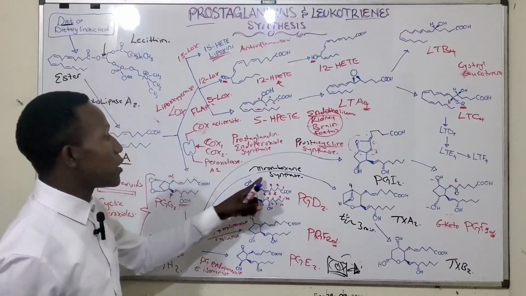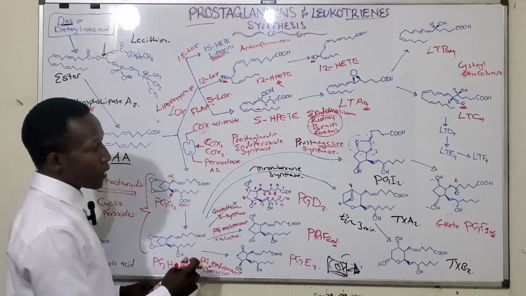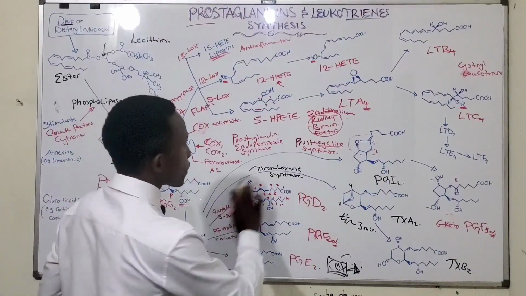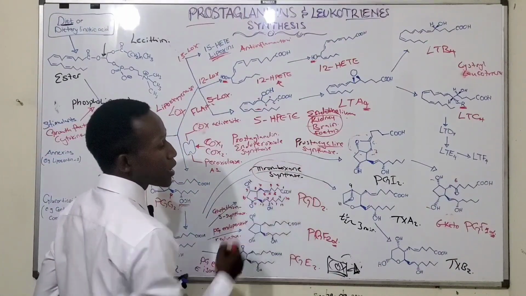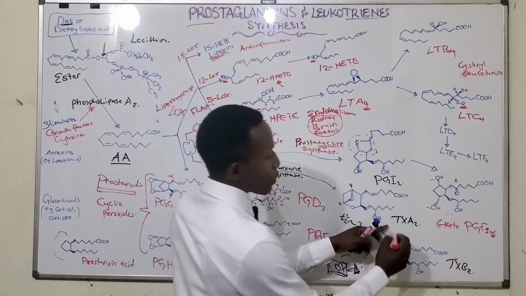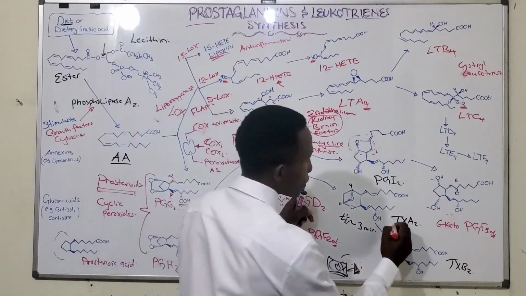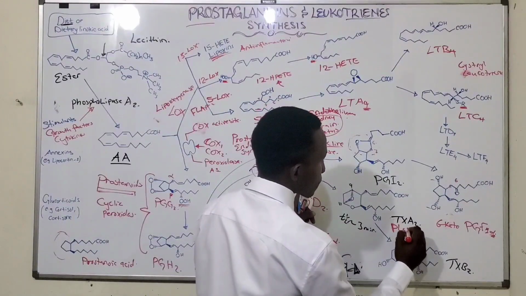For example, thromboxane, after production of prostaglandin H2 in platelets, thromboxane synthase is the main enzyme. So thromboxane will be produced from thromboxane synthase, but this is mainly in the platelets.